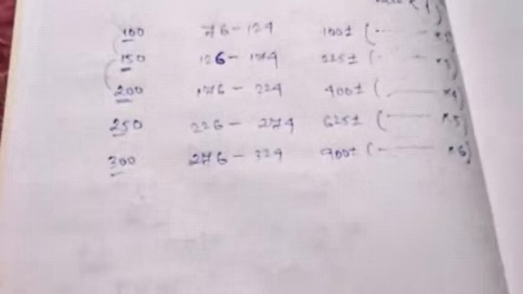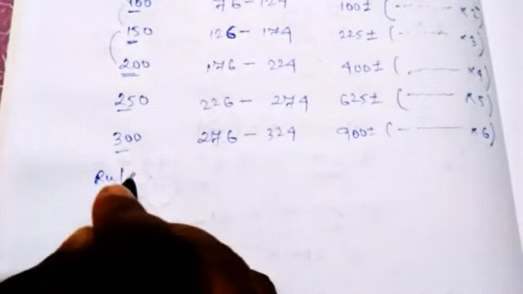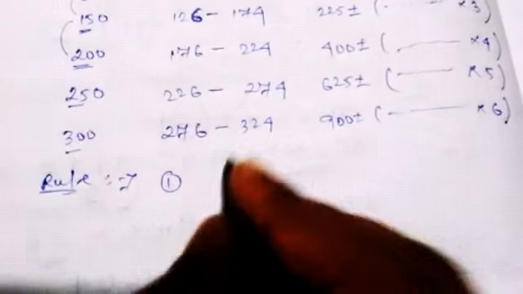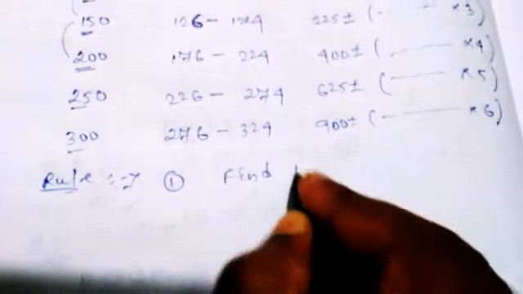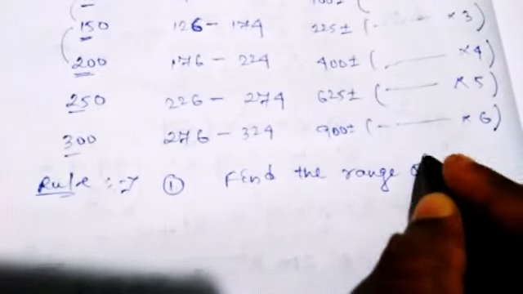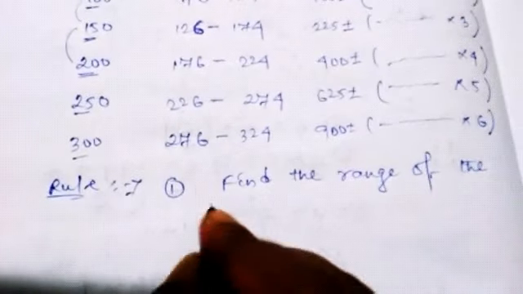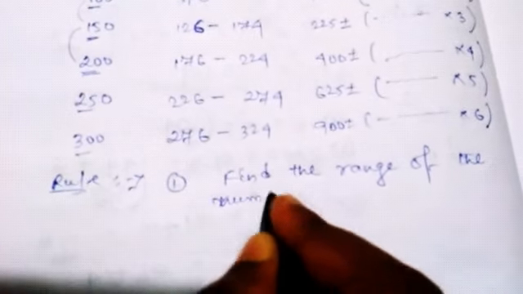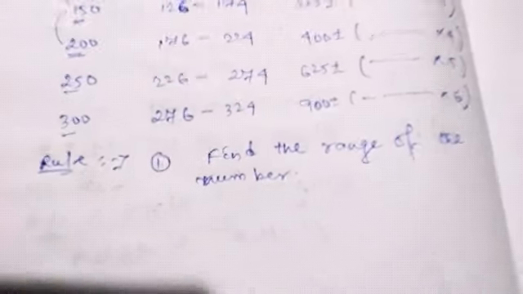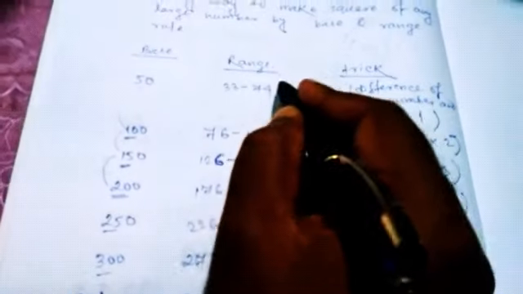Now take the first number. The first rule is to find the range of the number. Okay, this one.